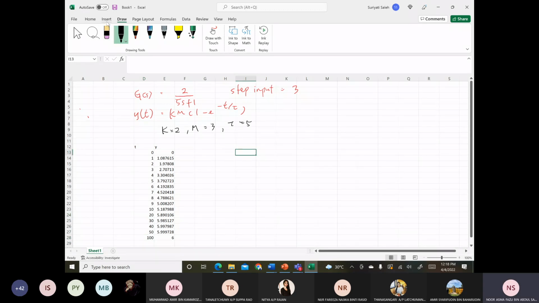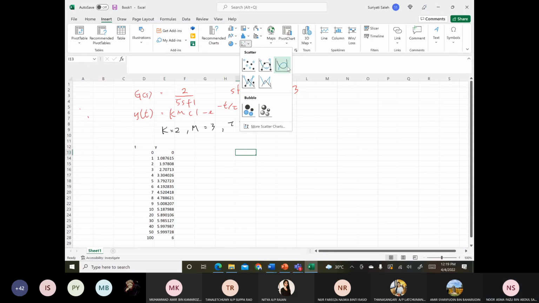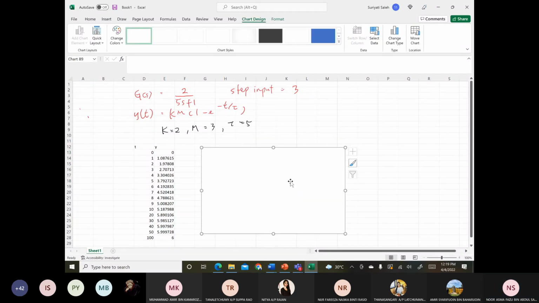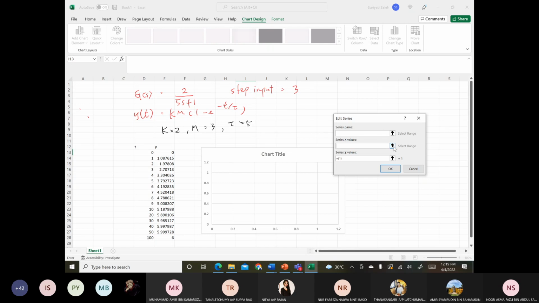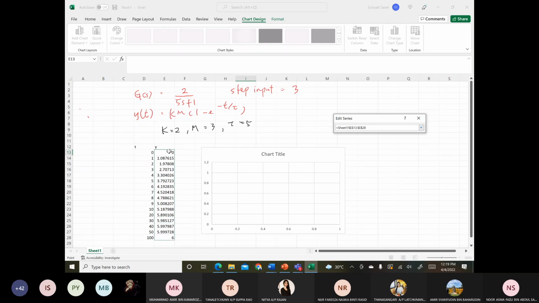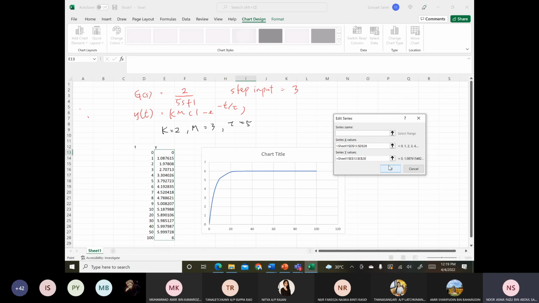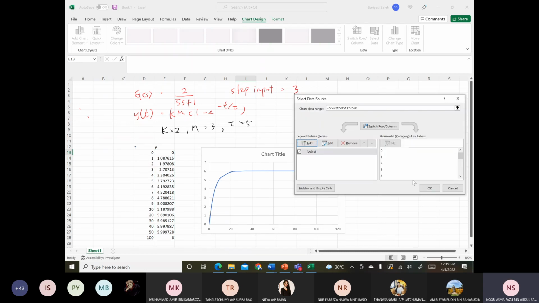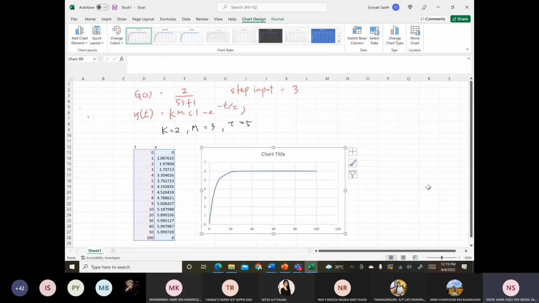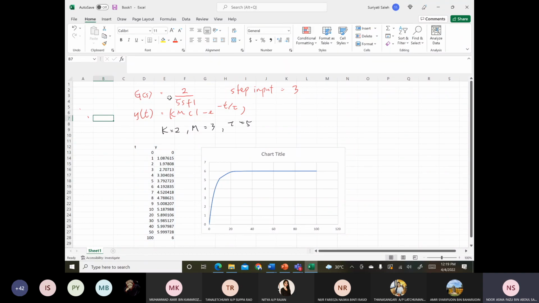So if I try to do the plotting, here you can see this is the kind of graph that you will obtain based on the current profile, where based on the transfer function 2 over 5s plus 1, the step input is 3.